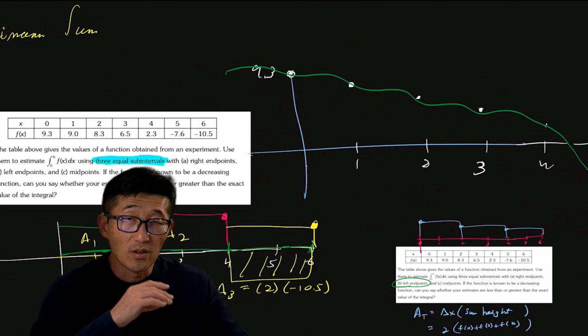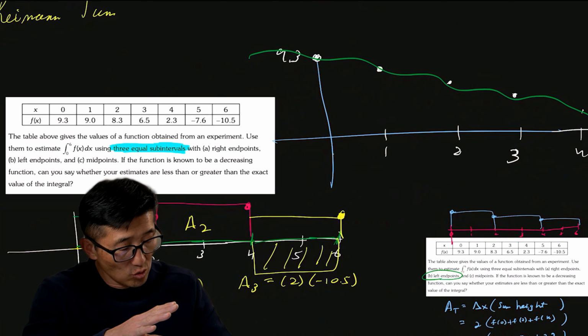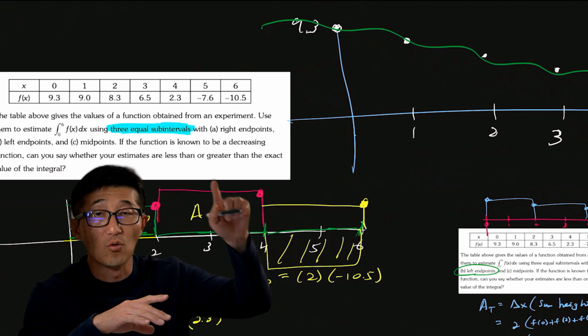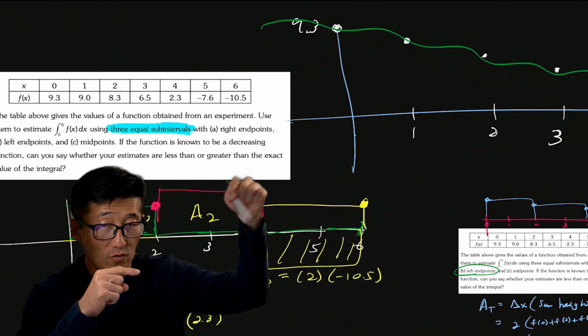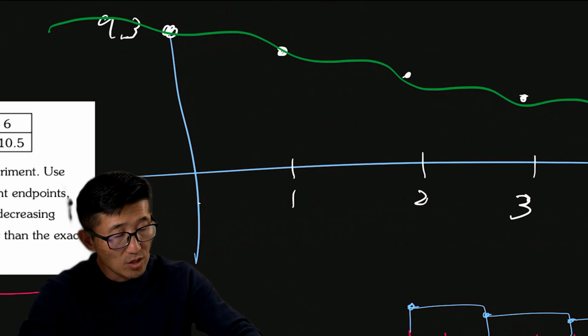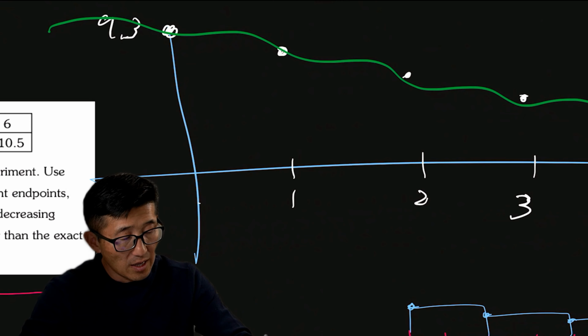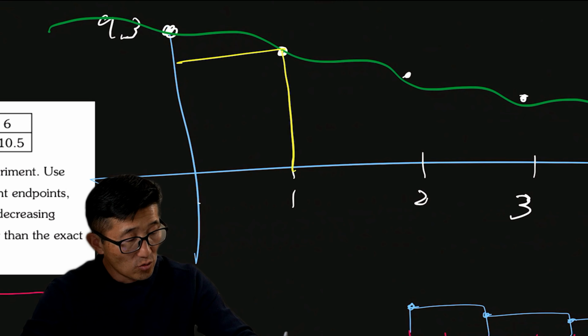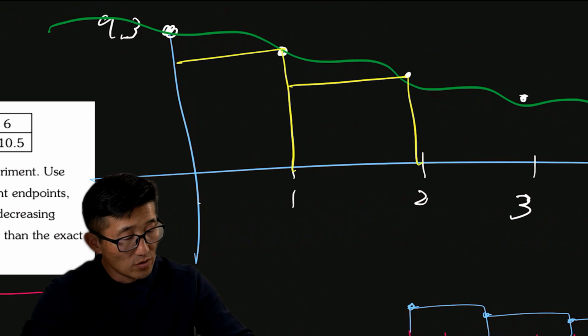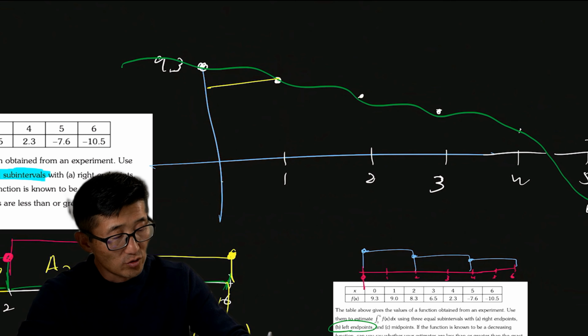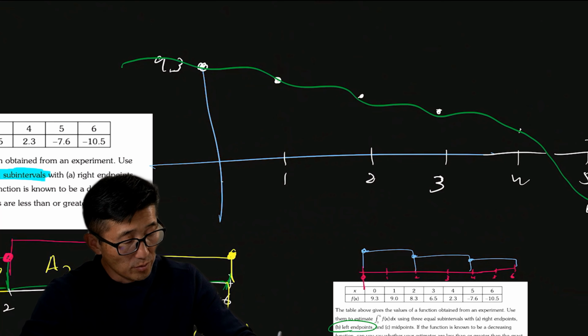So when it's decreasing and you use a right endpoint for our first one that we did here, wait, we want three subintervals, right? So we got to do it from here.